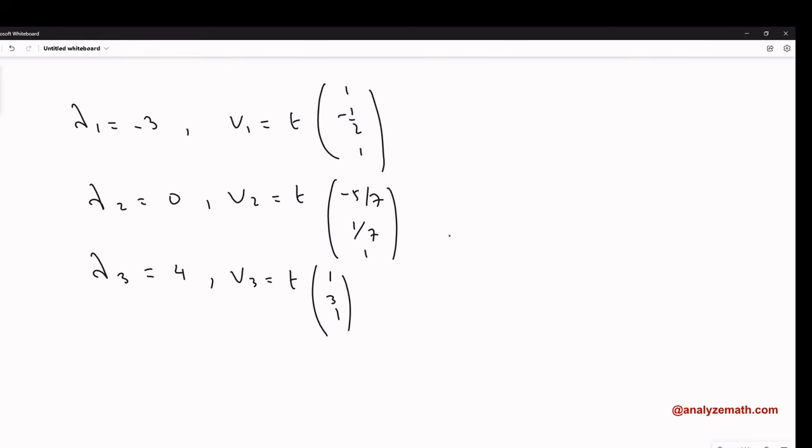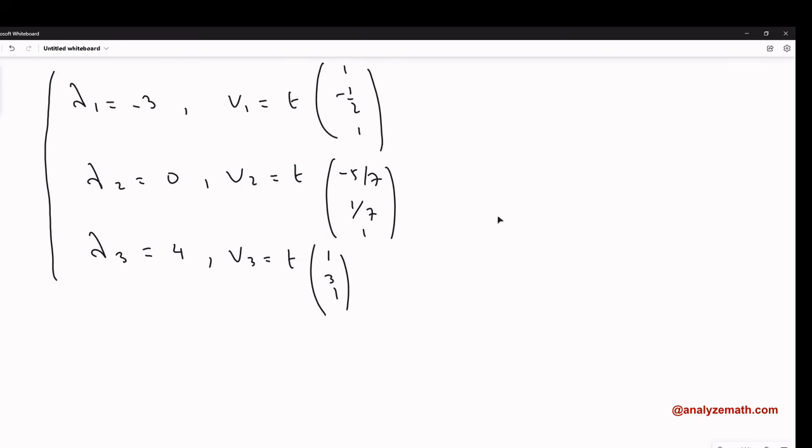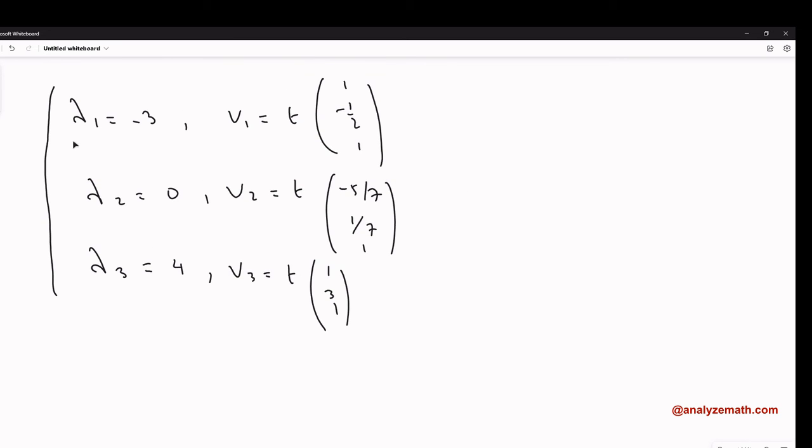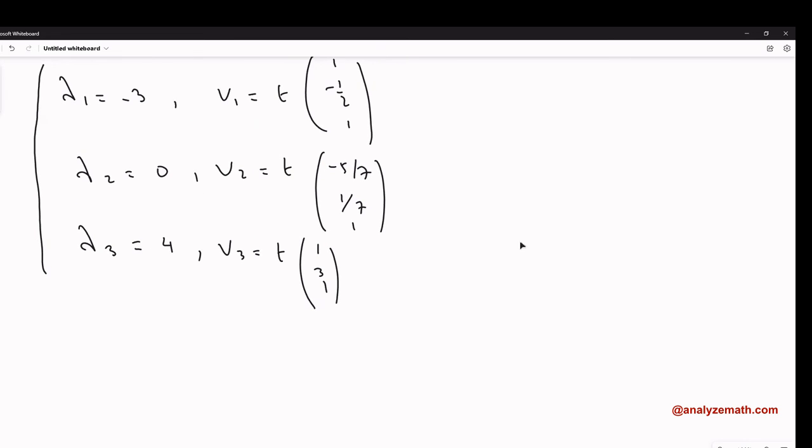Now we are going to put all these together, and we are going to verify that these are eigenvalues and the corresponding eigenvectors. Okay, so here we put everything together, the lambda 1 equal minus 3, v1 and so on. So now what we are going to do, this is objective number 5, check our results.